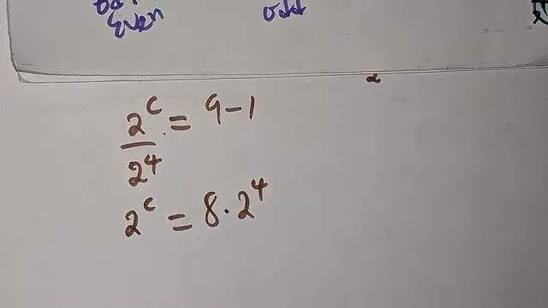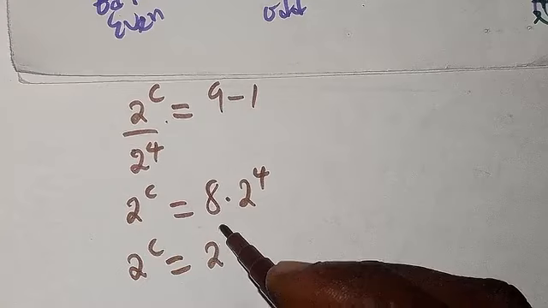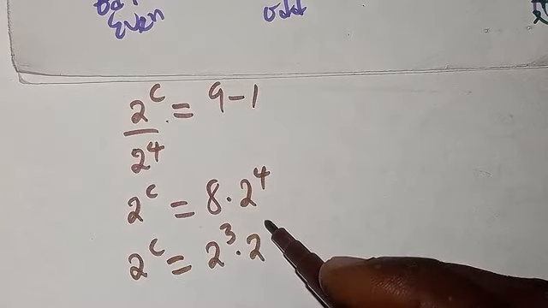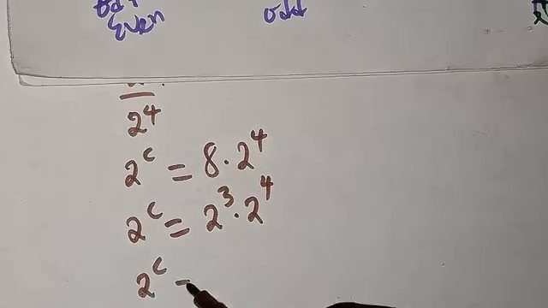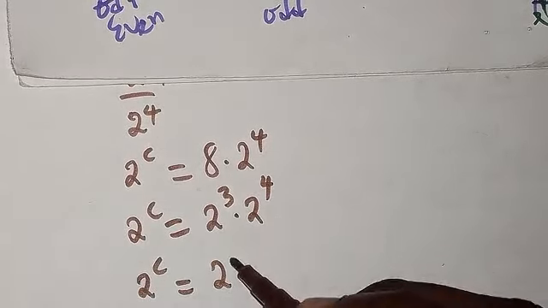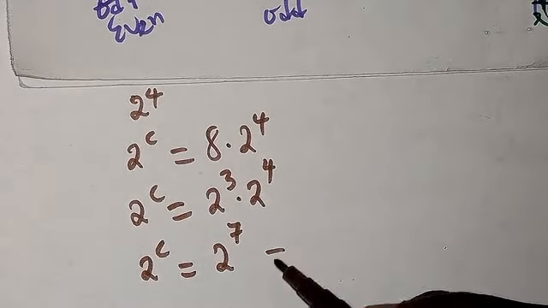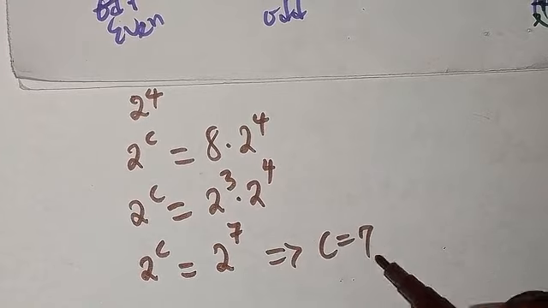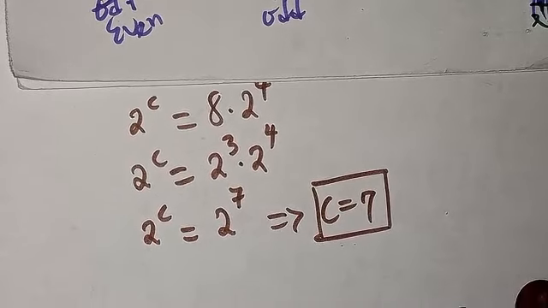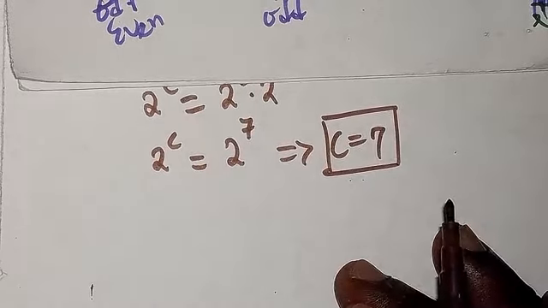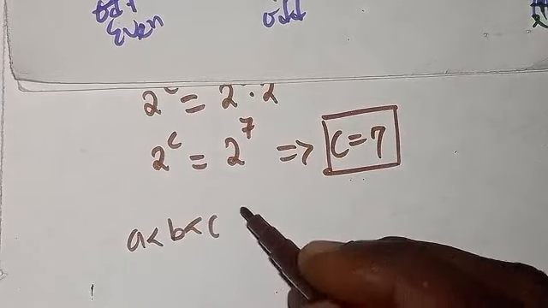So now from here, you can see that we have 2 to the power c equals 2 to the power 3 times 2 to the power 4. So now from there, you see that we have 2^c equals 2 to the power 3 plus 4, which will give us 7, right? So we can see that this implies that c equals 7. So we have the solutions to b. We are looking for a, so a less than b less than c.